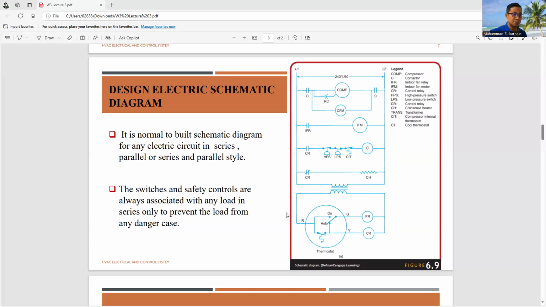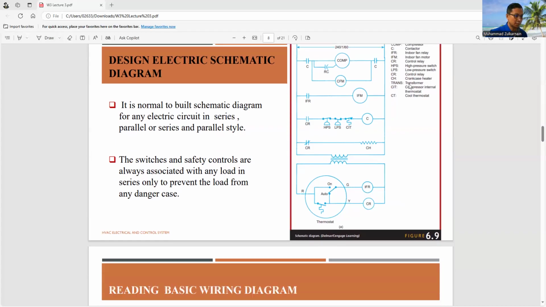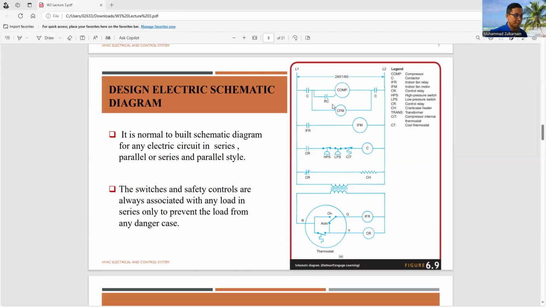You can see that from only one page of the illustration, we can understand the whole system. Actually, from the figure, we can simplify it in words.